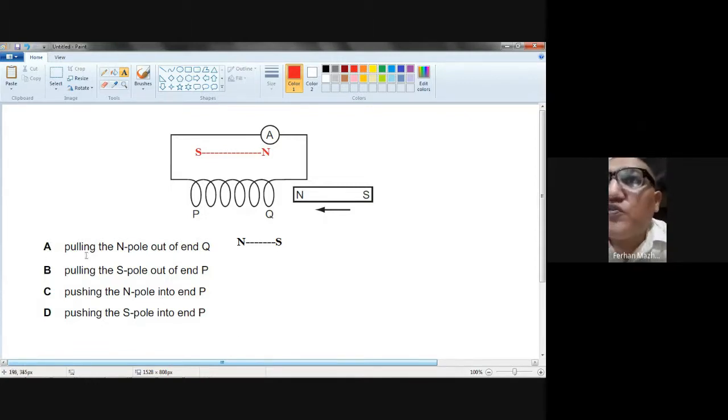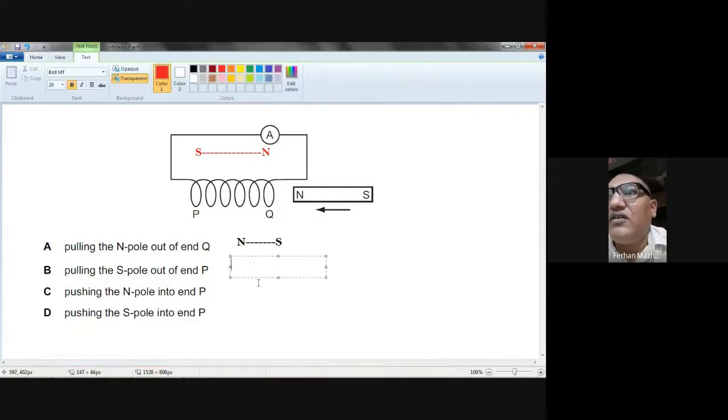So according to this, when pulling the north pole out of the end Q, to stop this motion a south pole will appear, and obviously the north pole will appear here. Now let's check the other cases. Pulling the south pole out of the end P: to stop that, a north will appear here, and obviously the south will be here.